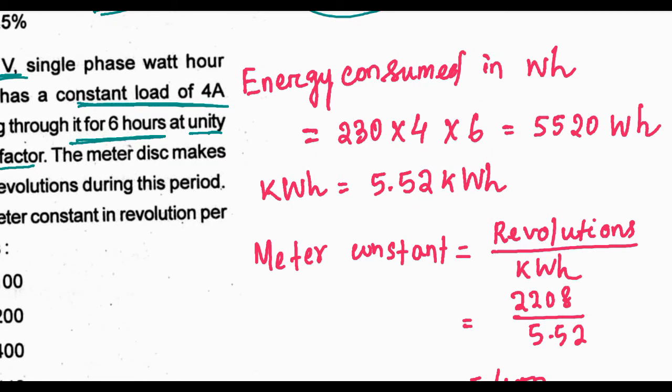Voltage is 230 volt, current is 4 ampere, cos theta is unity, and time is 6 hours. So we get 5520 watt hour, which in terms of kilowatt hour is 5.52 kilowatt hour, which is equal to 5.52 units.